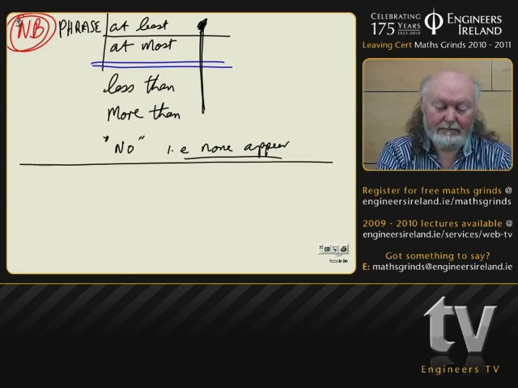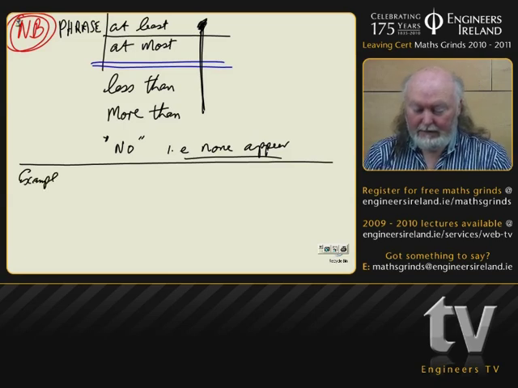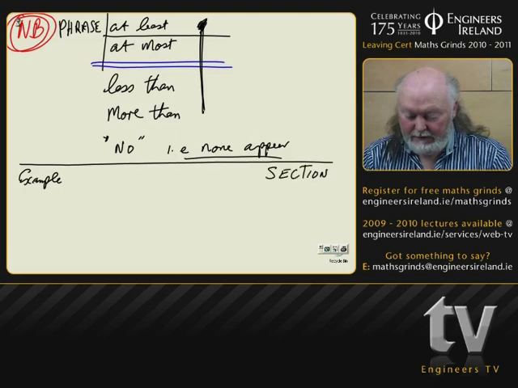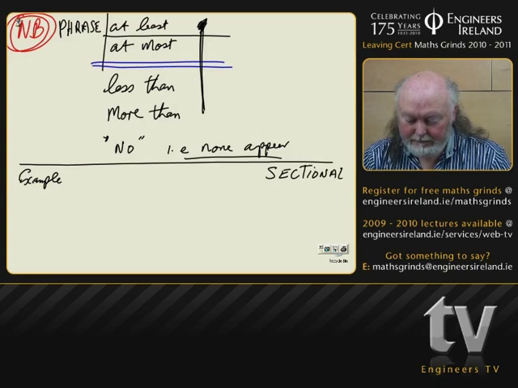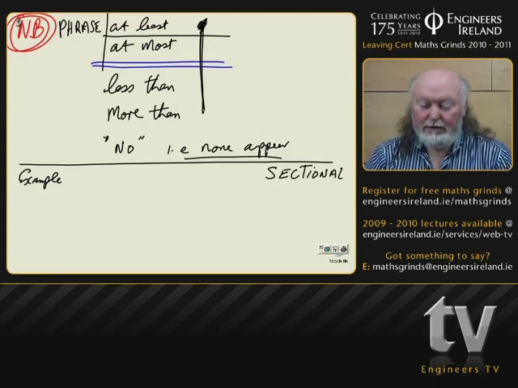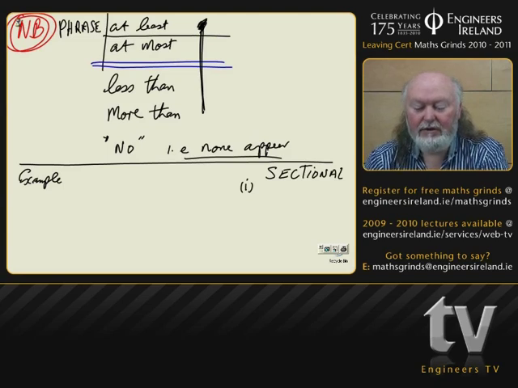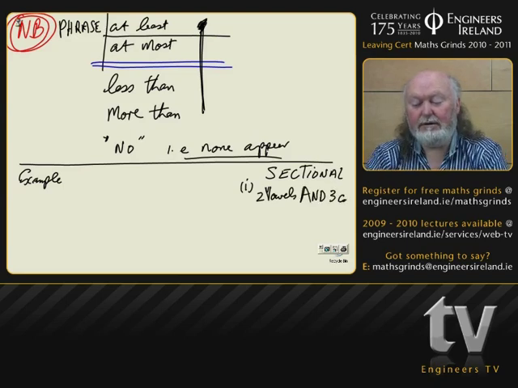Example. We have this word, sectional. First question is, how many choices of 2 vowels and 3 consonants? Two vowels and 3 consonants.